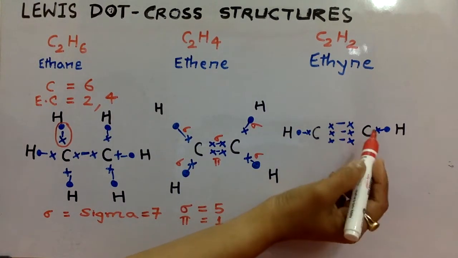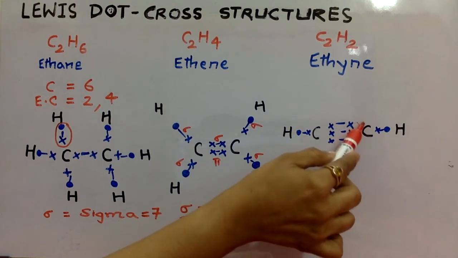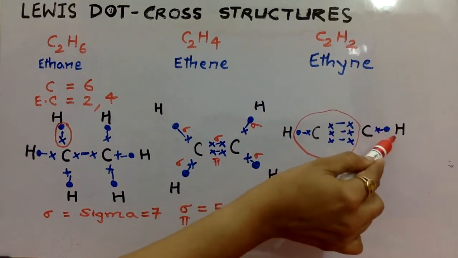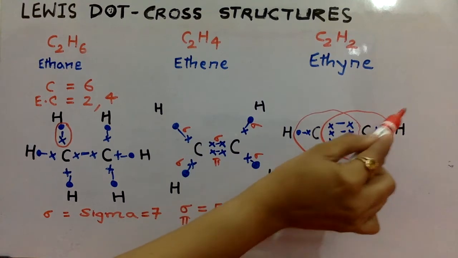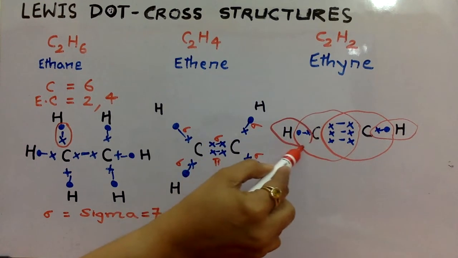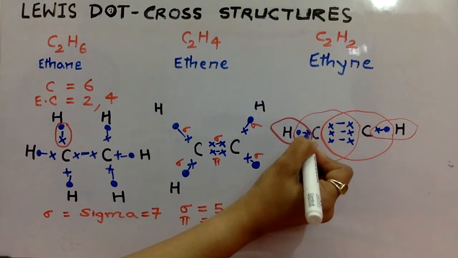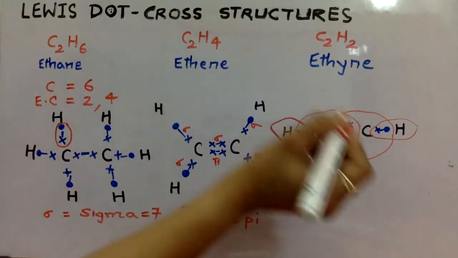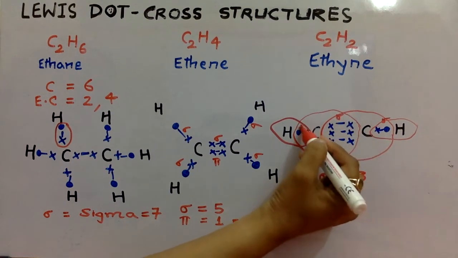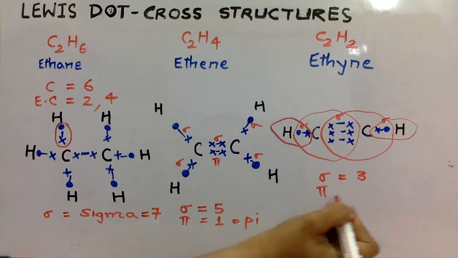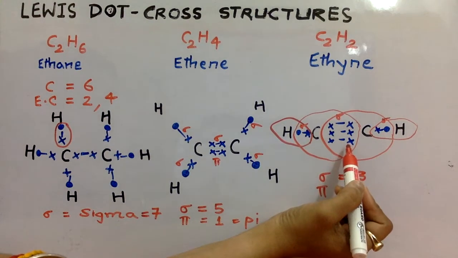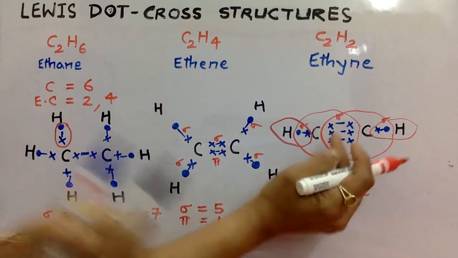You can see, this is the bonded region of carbon, similarly the bonded region of the other carbon, the bonded region of hydrogen, and this is the bonded region of hydrogen. So that is how it is. As you see, the number of sigma bonds is 3: 1 here, 2 and 3, and the number of pi bonds is 2. The additional bond, weak bond, pi bond.